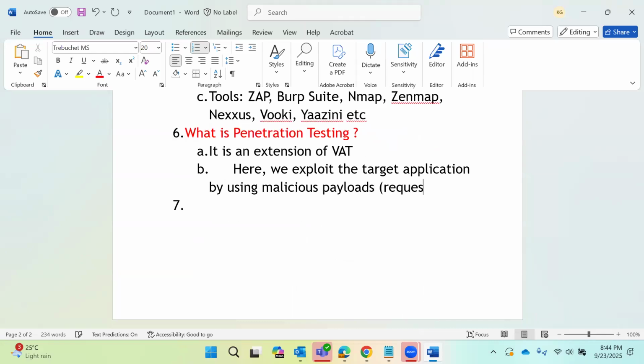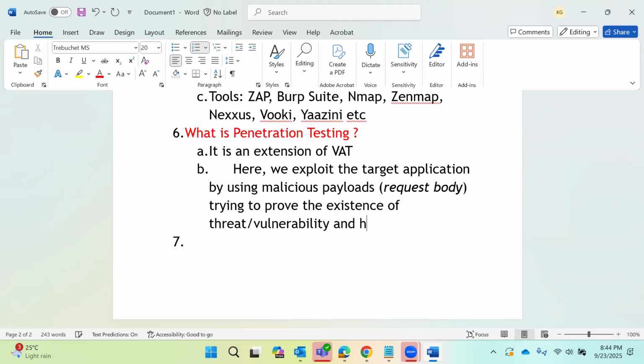What is a payload? Nothing but request body, request data that you supply to the server from the client. So here we exploit the target application by using malicious payloads, trying to prove the existence of a threat, meaning vulnerability, and how it impacts the end user experience.